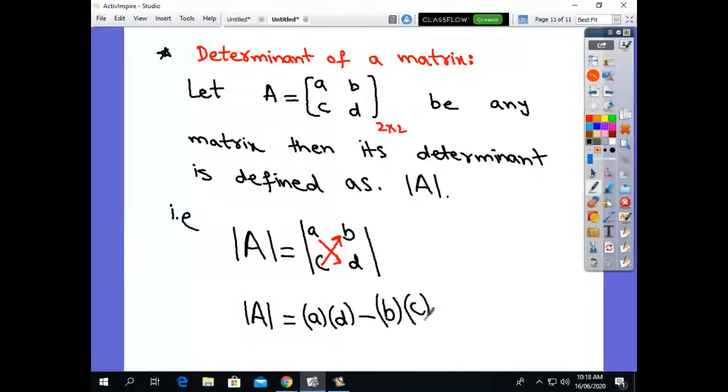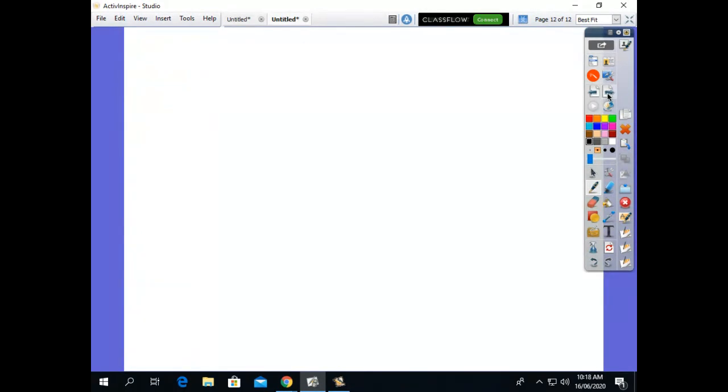For example, here we take some examples. Let's suppose matrix A is 2, -2, -3 and 3.